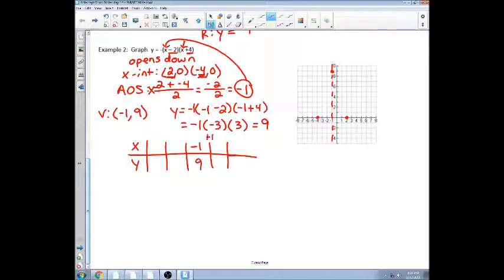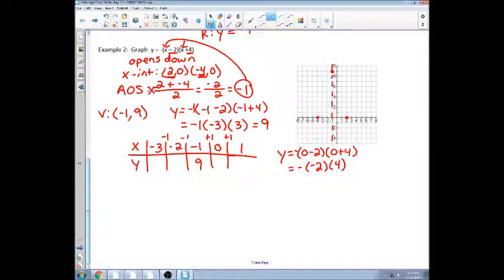Add 1: -1 plus 1 is 0, plus 1 is +1. Minus 1 would be -2, minus 1 would be -3. If I put 0 in for x, I would get negative 0 minus 2, 0 plus 4. This would be -2, this would be +4.